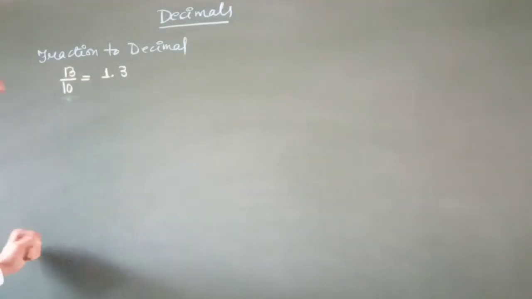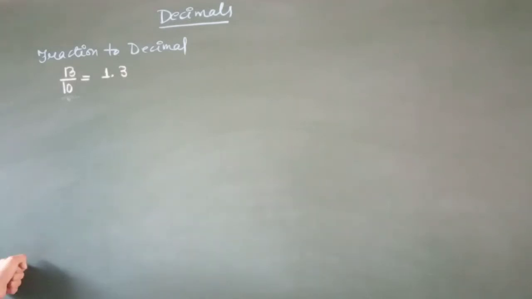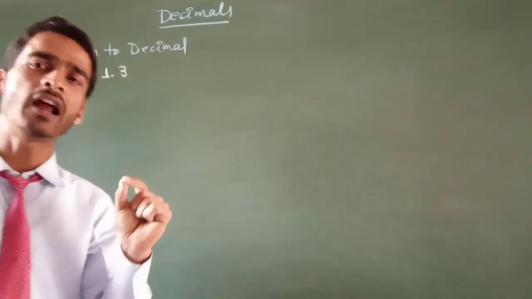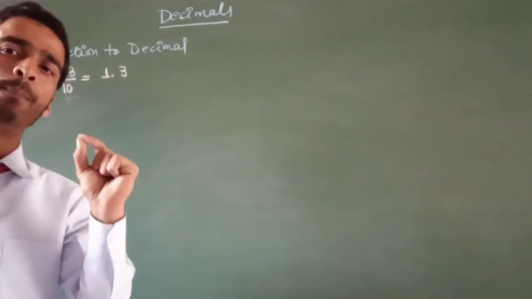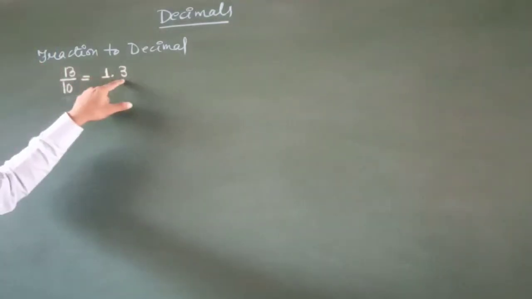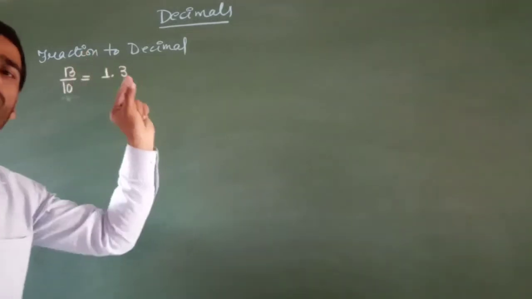What I have said: firstly we have to count the number of zeros and put the decimal accordingly. Here there is 10, so we have to place the decimal before 1 digit.